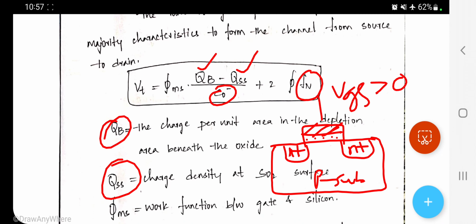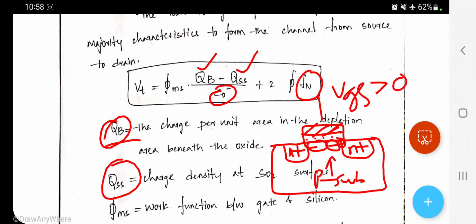So whenever it is greater than 0, the minority carriers, electrons, are going to be attracted and start forming the channel between source and drain. And here the immobile negative ions will form initially. Immobile negative ions are going to form initially before the channel forms whenever we start applying VGS. These negative immobile ions are bulk charges, that's why it is given as QB.